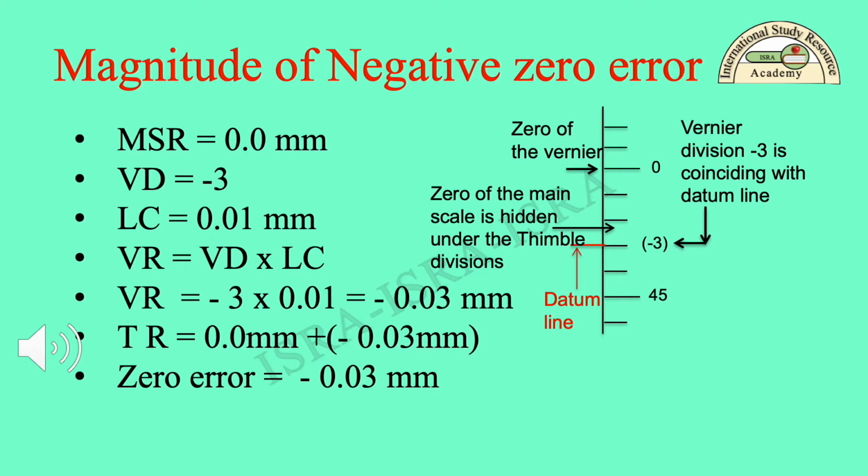Substituting the values, vernier reading VR is equal to -3 times 0.01 mm equal to -0.03 mm. Total reading TR is equal to 0.0 mm plus within bracket -0.03 mm. Final value of total reading or zero error is equal to negative 0.03 mm.